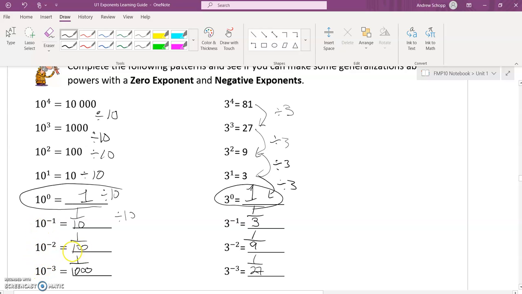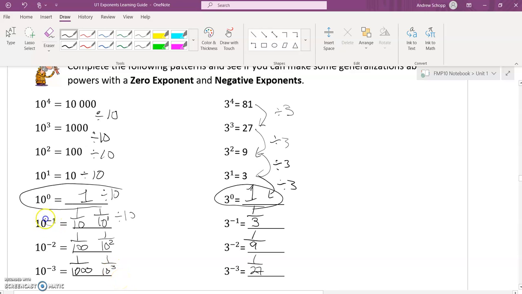we can see something interesting happening. In the first one we have 1/10, nothing too crazy there. This 10 is to the power of 1 even though there's not a 1 written. 1/100 can be rewritten as 1/10 squared. And 1/1000 can be written as 1/10 to the power of 3.